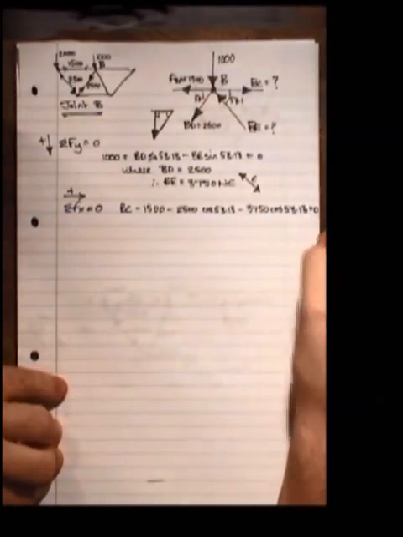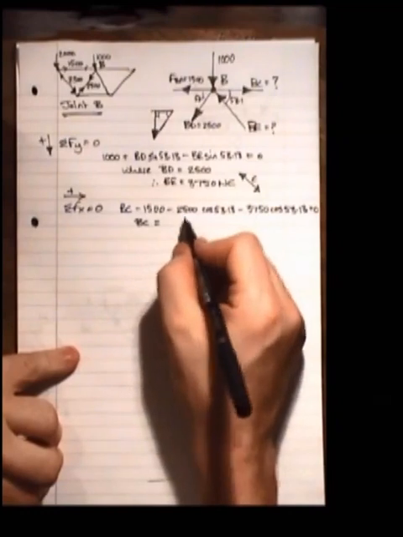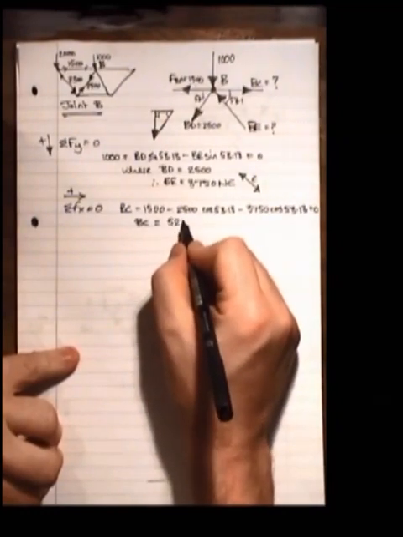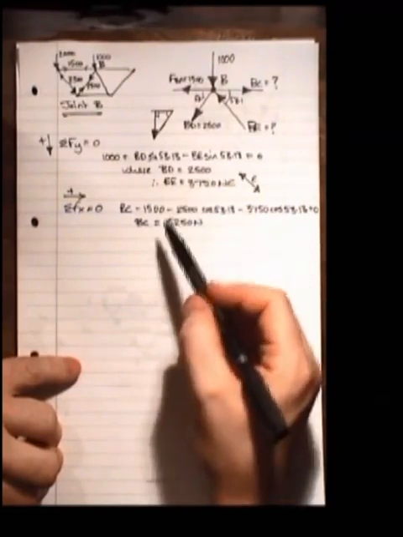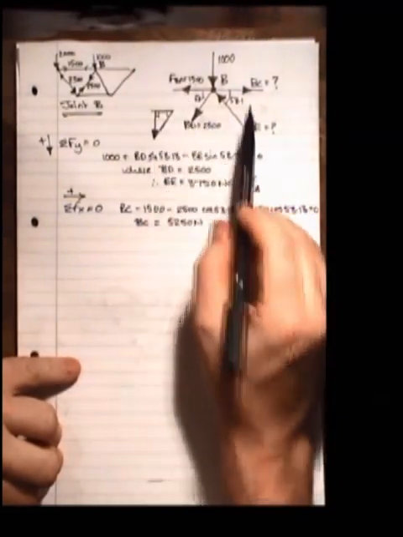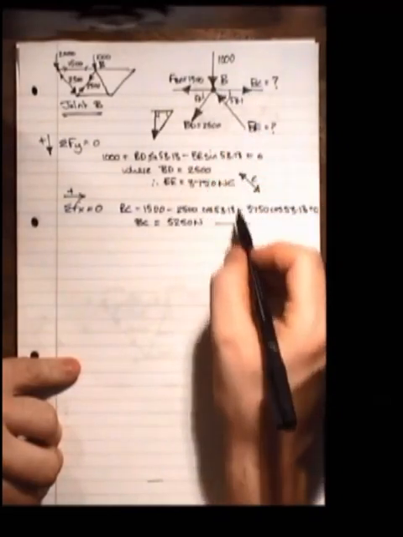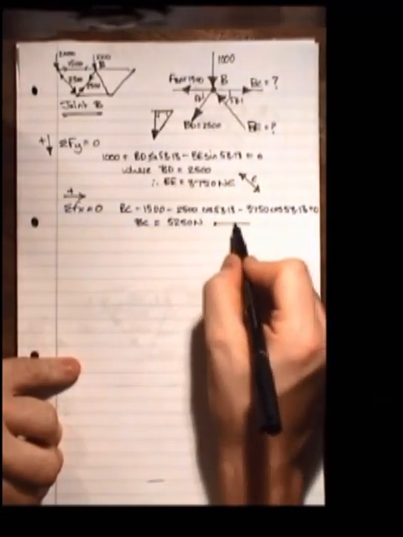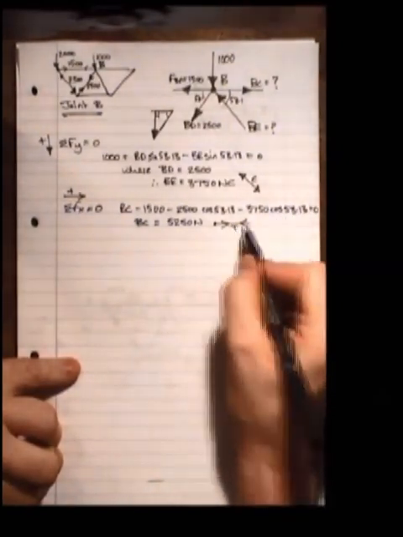All of that equals 0. Work it out. BC equals 5250 newtons. We've said that BC, the arrow is pointing away from the node, so it's pointing inwards, tension.